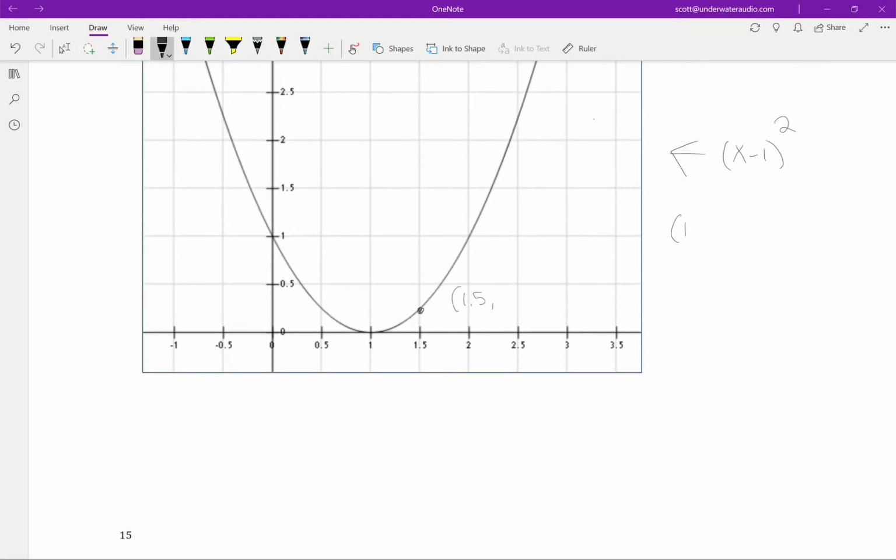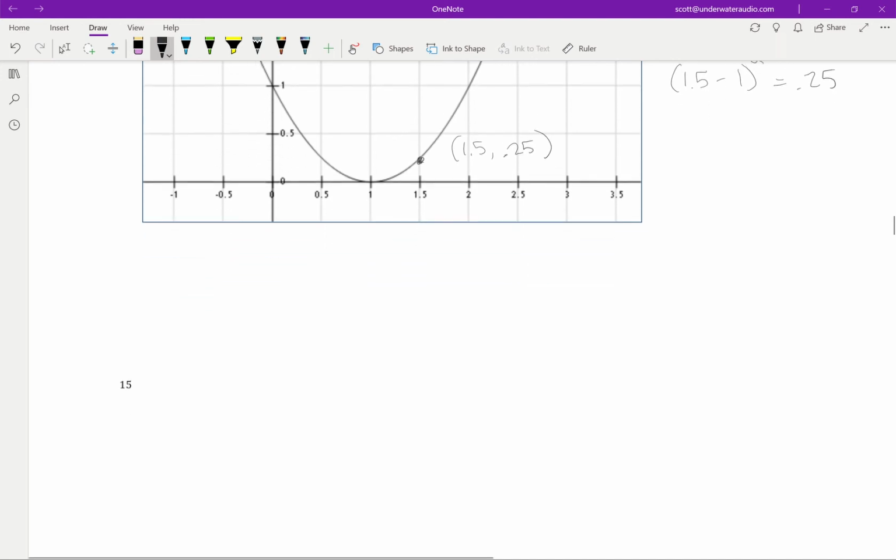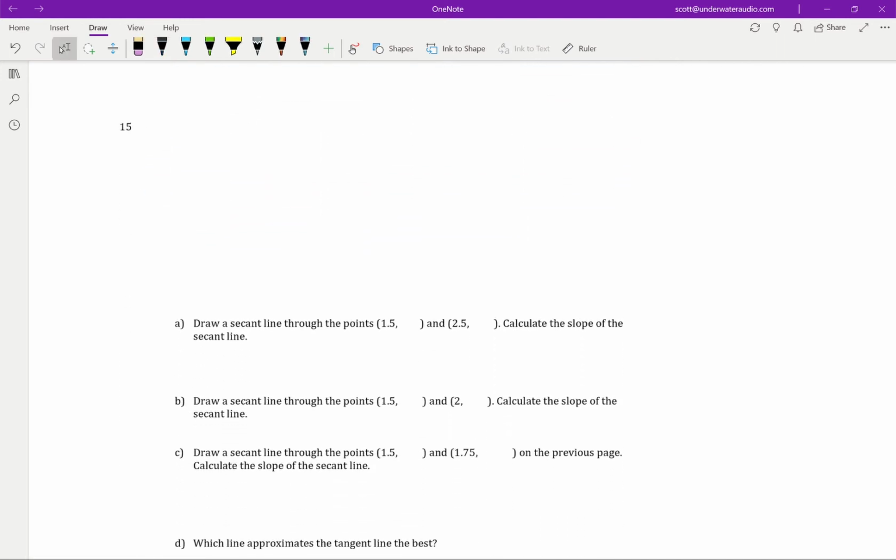That's 1.5 minus 1 squared. 1.5 minus 1 is just 0.5, and then 0.5 squared is 0.25. So this point right here is 1.5 and then 0.25. So I can fill that in below.